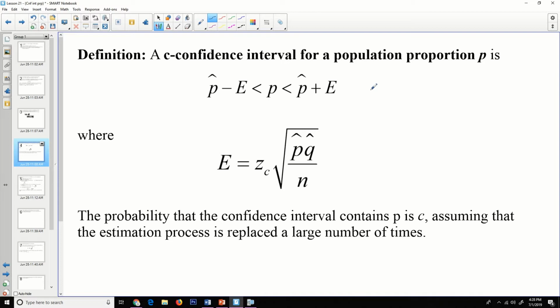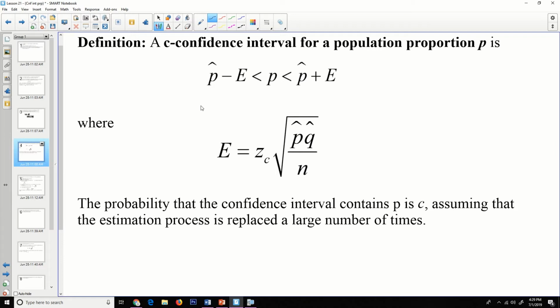And so we're starting to get into a little bit of some commonality here. But this time our margin of error is going to be a z statistic times the square root of p hat times q hat over n.